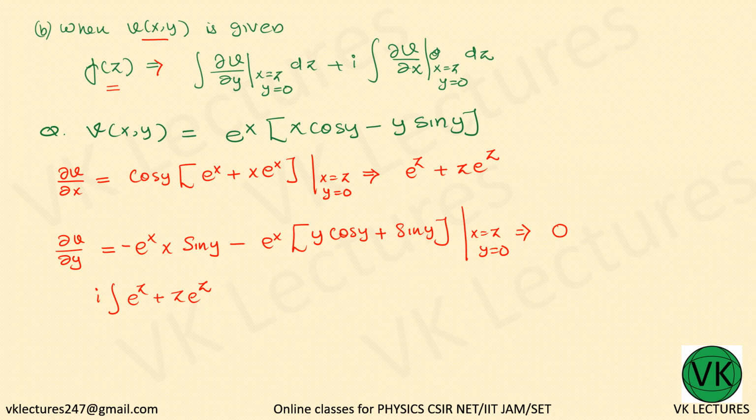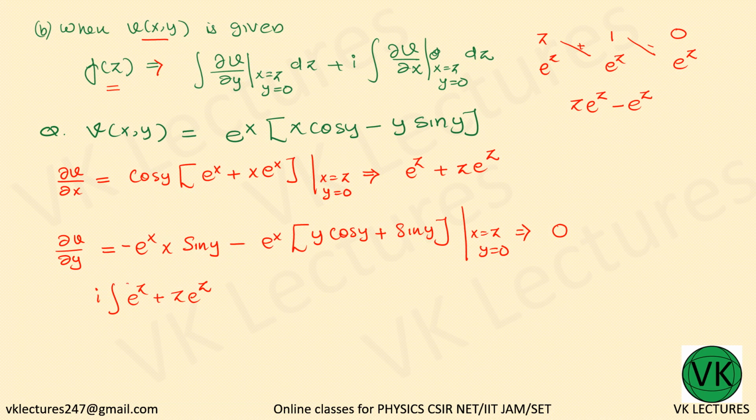Now for z e^z, the first differentiation is 1, second differentiation is 0, integral e^z and again integral e^z. First term is plus, second term is minus, so it is z e^z minus 1 times e^z, minus e^z.